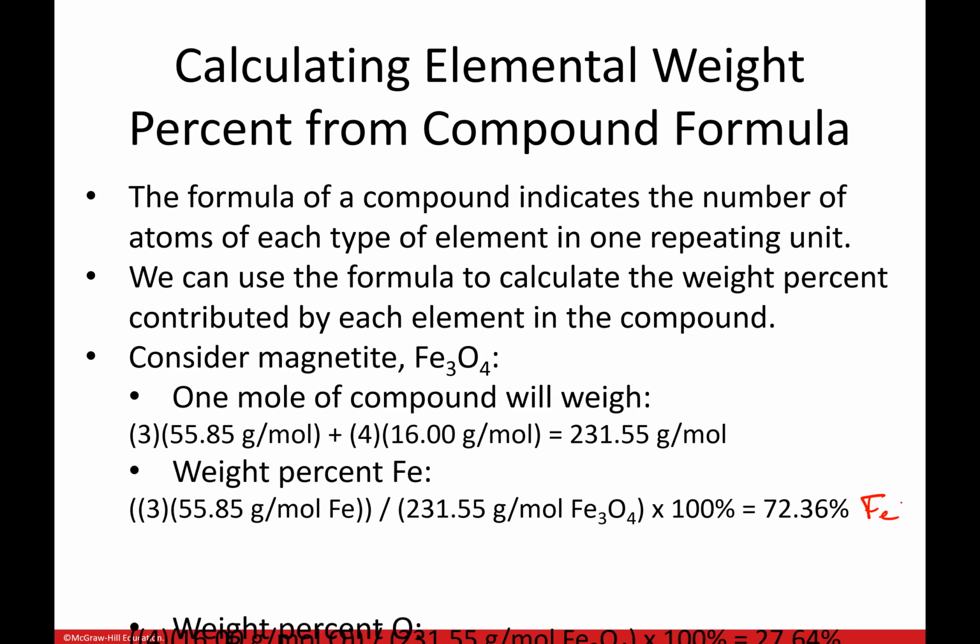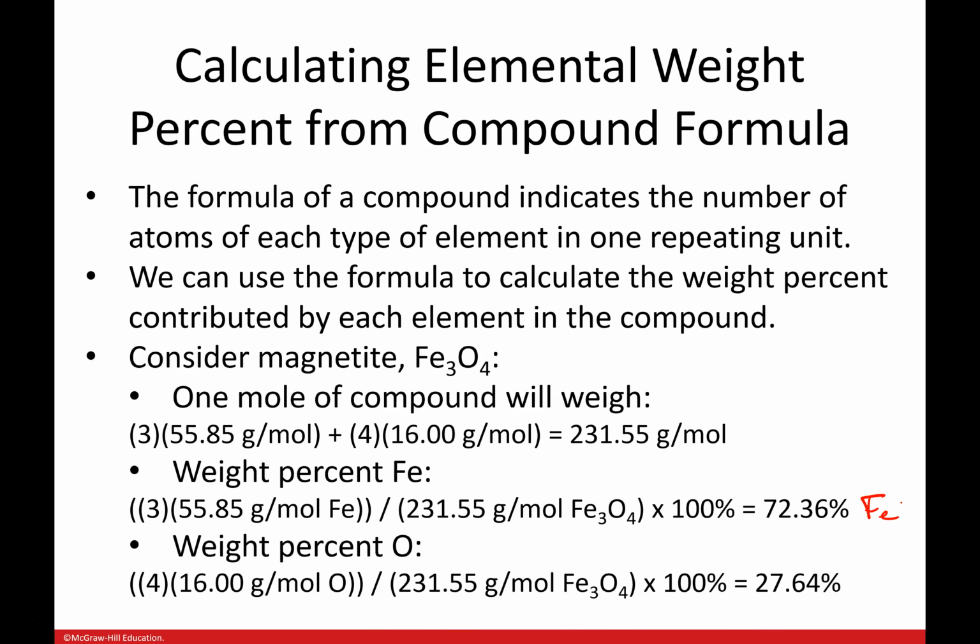So if we follow the same process with oxygen, we're going to take 4 times the molar mass of oxygen from this 4 up here, and we're going to divide again by that same number, the molar mass of the whole compound, 231.55 grams per mole.